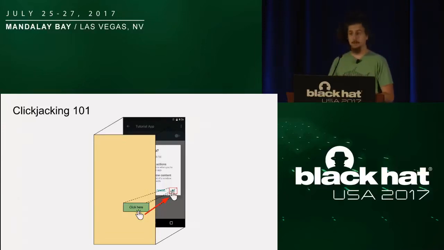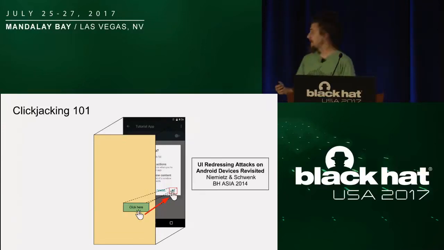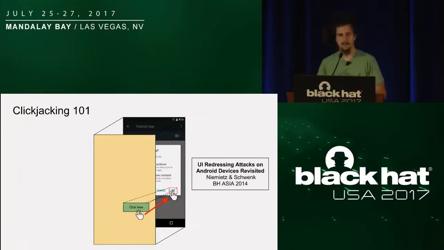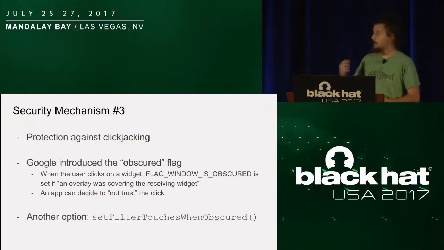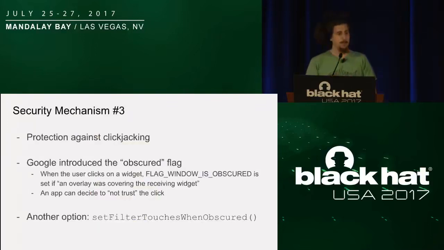So what Google did to prevent this attack, actually there are a number of talks about this topic. The latest one and the most comprehensive I found is from Black Hat Asia from 2014. And what Google did, as I said, is implement a protection mechanism which we call the obscured flag. The way it works is the following.